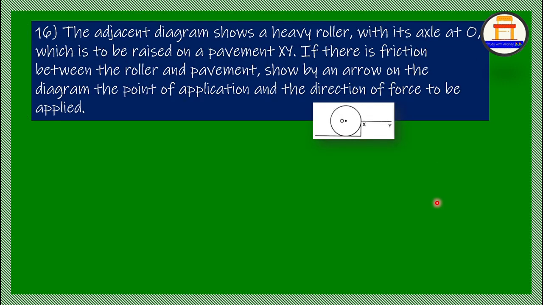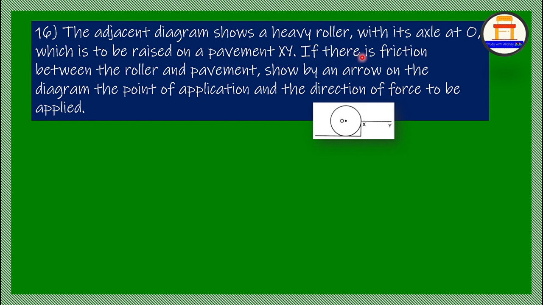The adjacent diagram shows a heavy roller with its axis O, which is to be raised on the pavement XY. XY is the pavement.